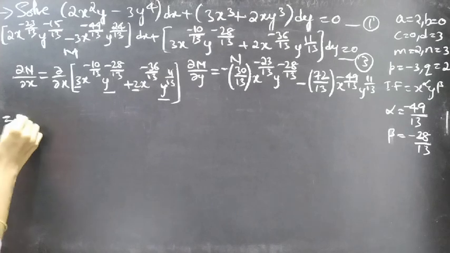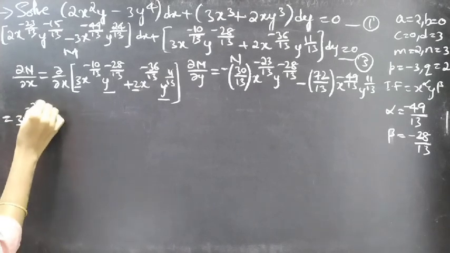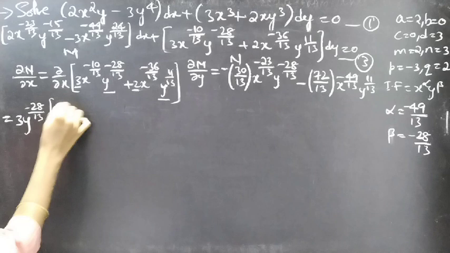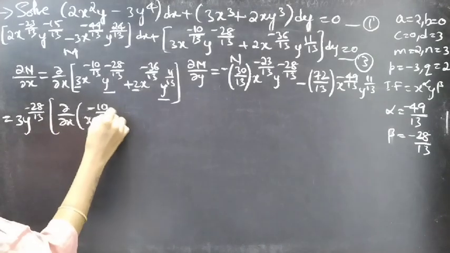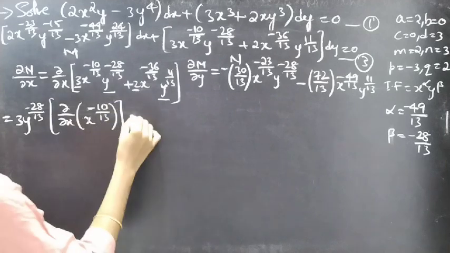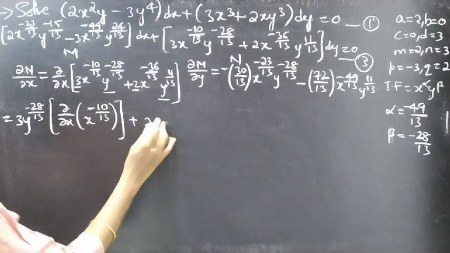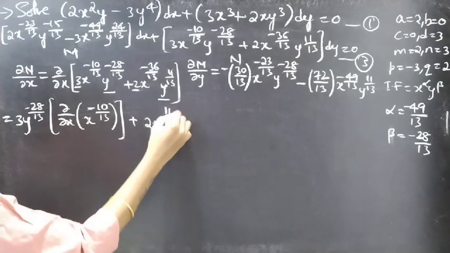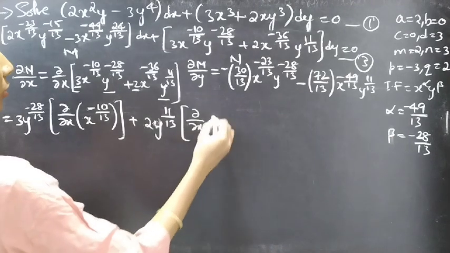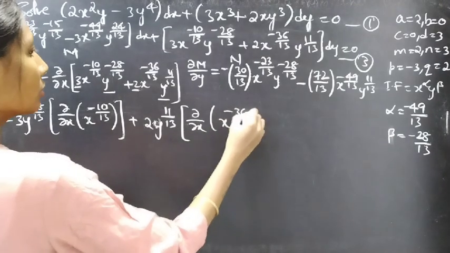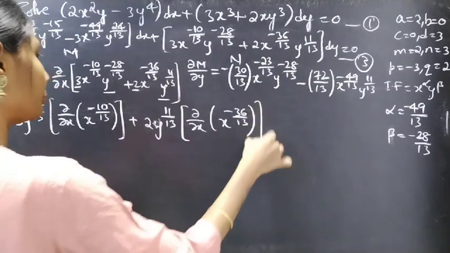So we'll write it as constant into partial derivative of x power minus 10 by 13 plus 2y power 11 by 13 into partial derivative of x power minus 36 by 13.